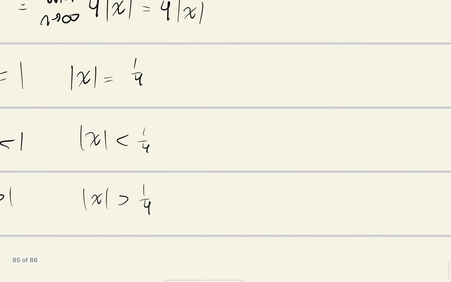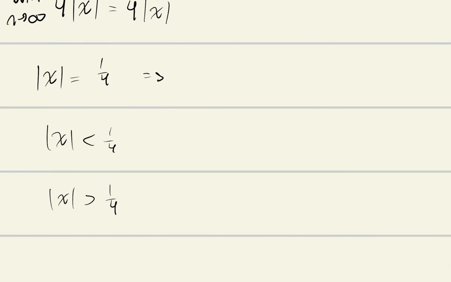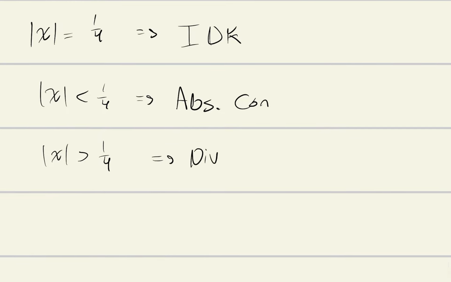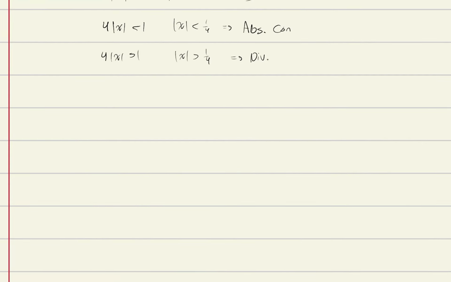Whenever the absolute value of x is equal to 1/4, we don't know if it's convergent or divergent. Whenever it is less than 1/4, we could say it is absolutely convergent. And whenever it is greater than 1/4, we can say it's divergent. Now we can draw this on a graph.